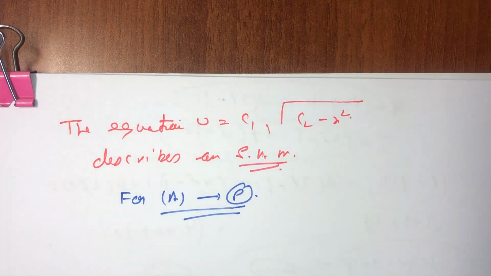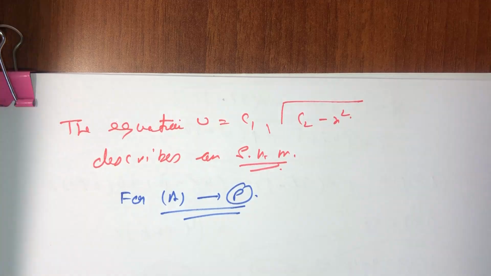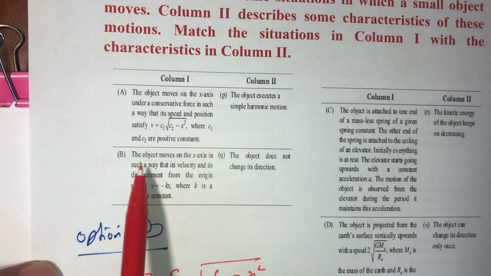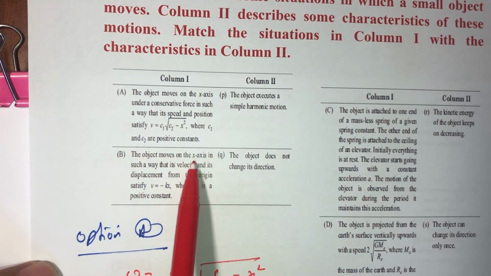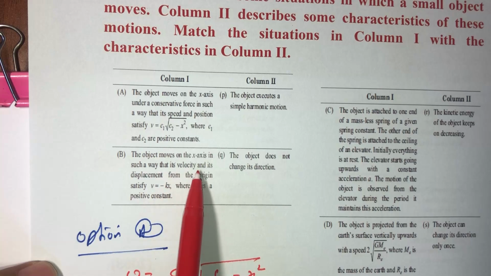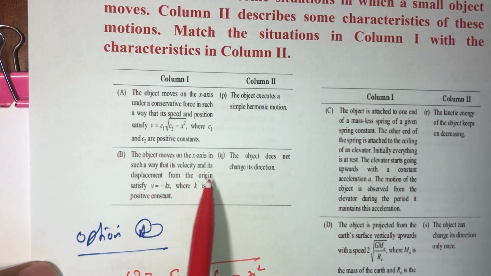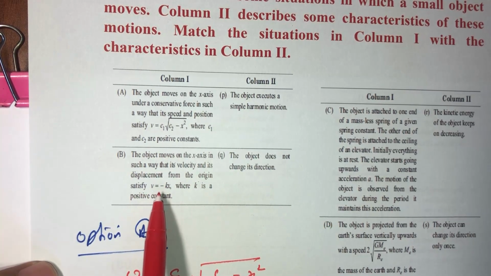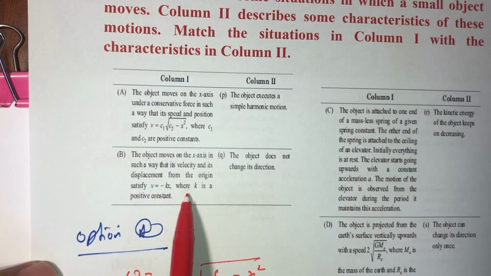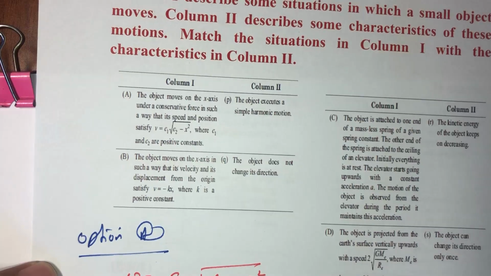Now we take the B part, which states that the object moves on the x-axis in such a way that its velocity and its displacement from the origin satisfy the equation V is equal to minus kx, where k is a positive constant.